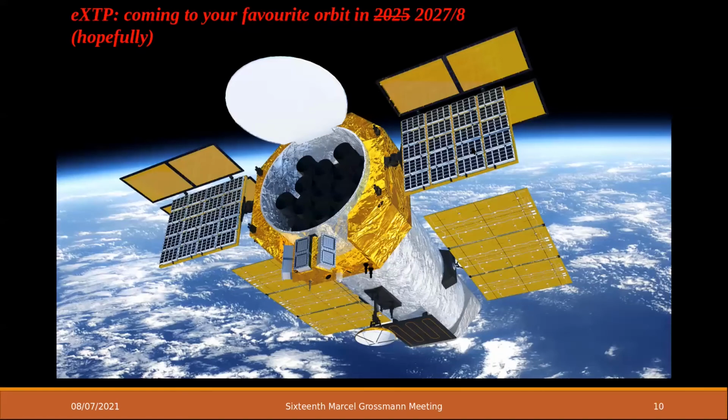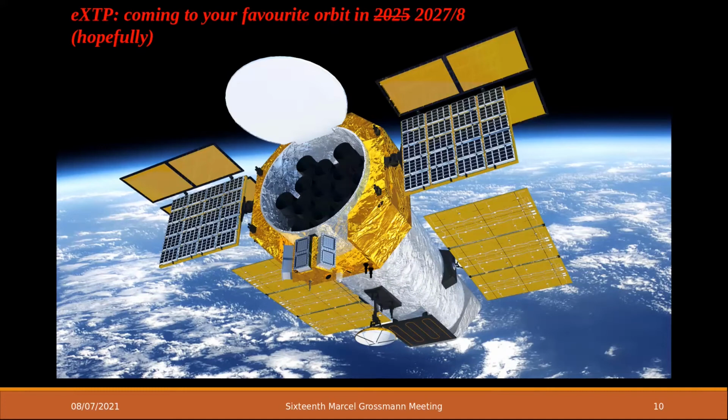Now, some of you may have already listened to the presentation in the past days about eXTP, which will be an amazing instrument. We're talking about an effective area which is 1 order of magnitude larger than current and past instrumentation, which will be a game changer for many fields of X-ray spectroscopy.